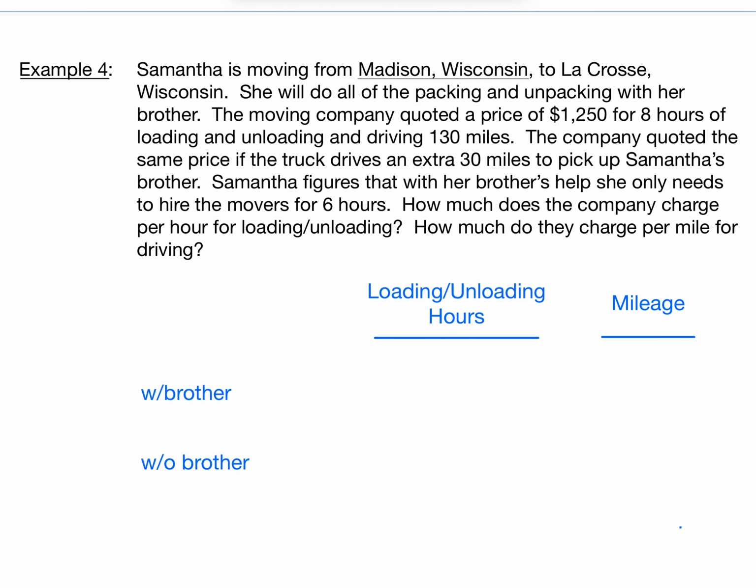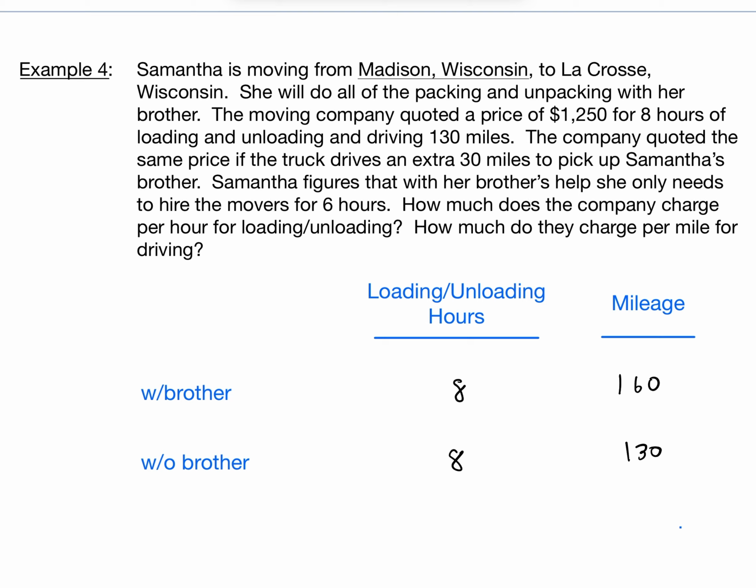Okay, so let's go ahead and figure that out. So here's the equation. Let's start with without the brother. Without the brother, loading and unloading is going to be 8 hours, and the total mileage is going to be 130. And then with the brother, it's still going to be 8 hours, but it's going to be 160 miles.